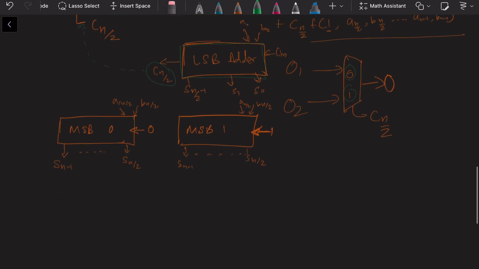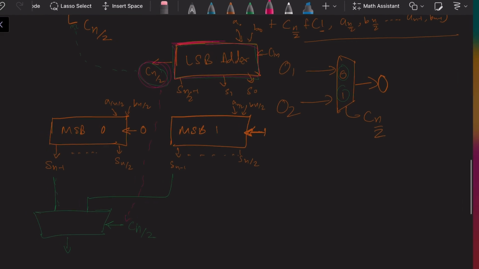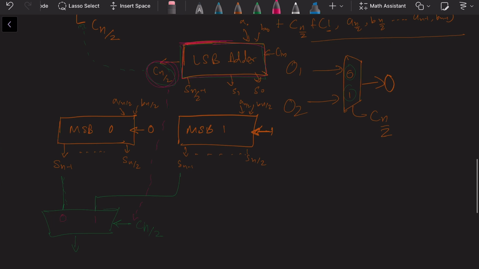So now what you do is you're gonna have a mux sitting here, which is going to get this carry in, and based on the value of Cn by 2, which this LSB adder will produce, this value will be given here as well, and this value will be used to decide which of these two go out as my final Sn minus 1.